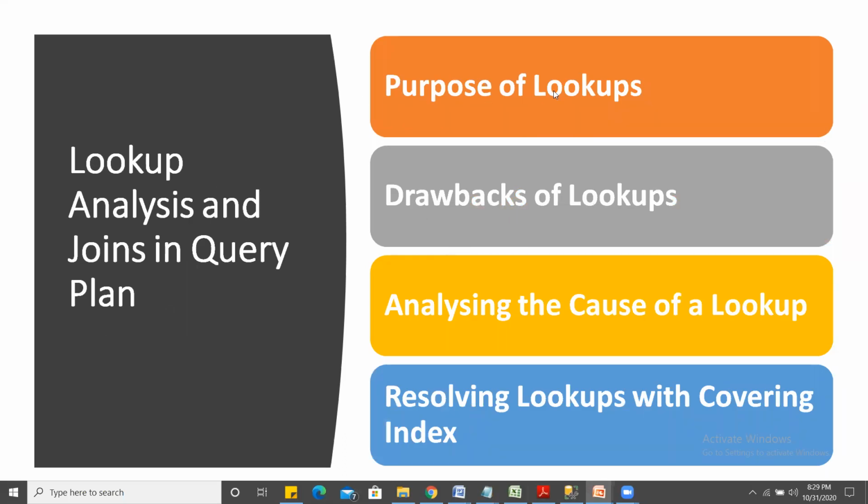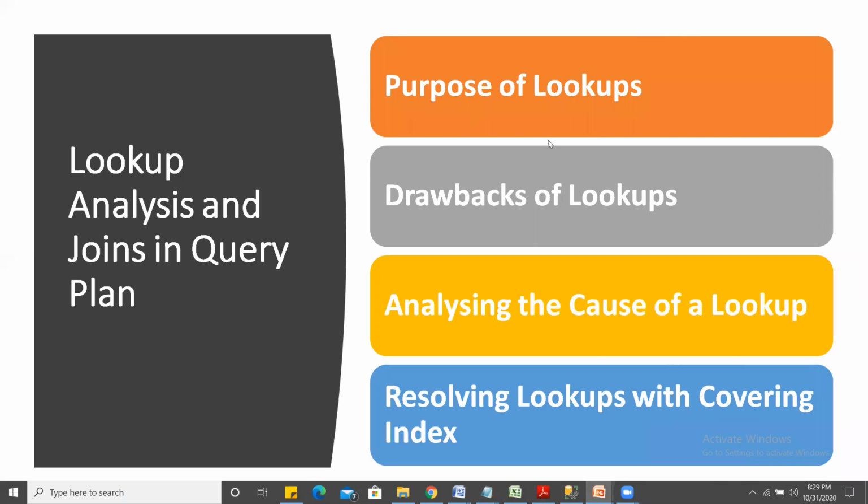Lookup analysis. Lookup is one of the operators in SQL Server. It's a bad operator, right? Basically, it comes in two flavors: RID lookup, and the one that is performed against your clustered index. So you have two kinds of lookup.